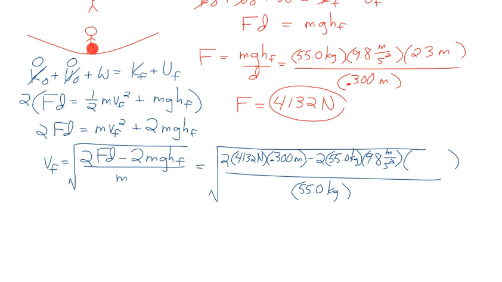Because we're talking about what's the speed that they leave the mat at. So how much higher is this than that? 0.3. So it's both the D and the final height. 0.300 meters. And as far as units, I will get meters per second.